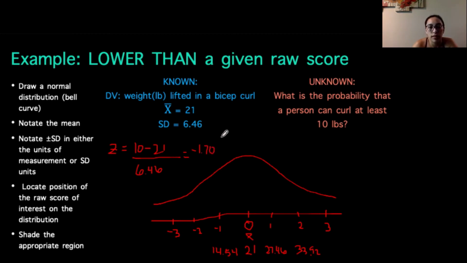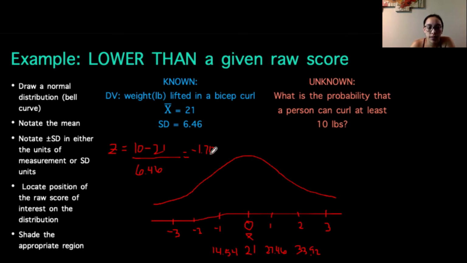From here, we then can look at our z table, right, and find an associated probability with negative 1.7. I'm not going to do that just yet because I don't want to X out of my PowerPoint, but you guys know how to look up negative 1.7. I just want to show you how we would look at it in a shaded region.